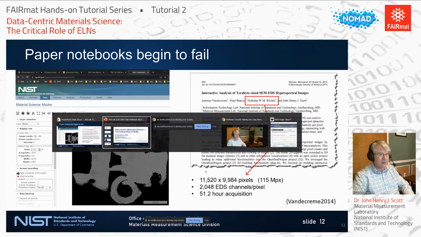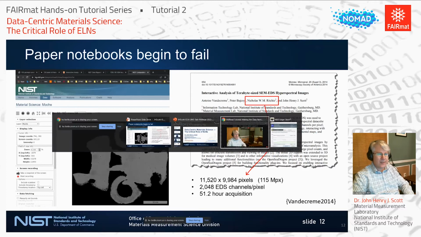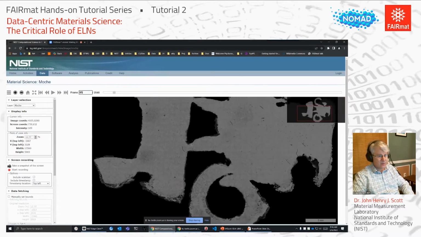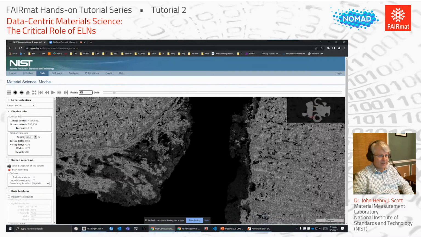And just for a moment here, I think what I'm going to do is shift over into my browser, if possible, and look at this live. You can go to the website that I've provided the URL for, and we're looking at this Moche figure. And what you can do is live zoom in to the data set, and you can look and pan around and see the structure.